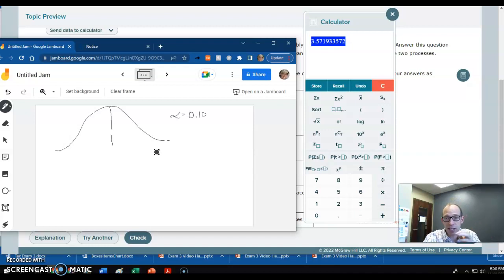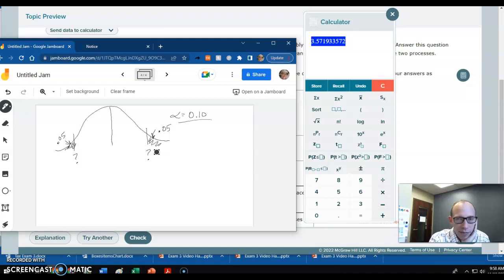That's the area out in the tails, but because we're conducting a two-tailed test, that means we can reject either here or here. That gives us 5% down here and 5% down here. And the question is asking us, what are these two values? What are the t values that'll put 5% into our tails so that we get a total of 10% here?